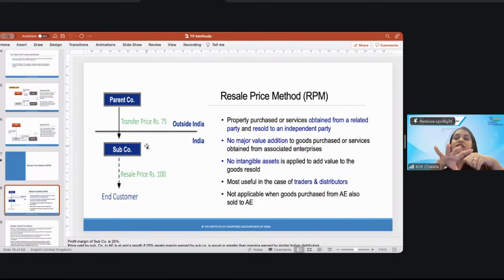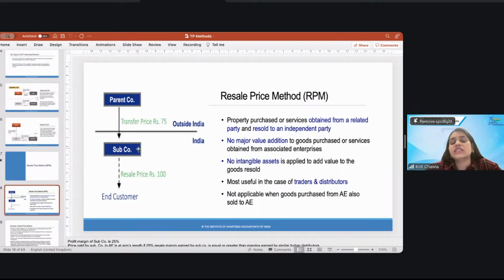Now in this particular situation, what is the controlled transaction? Well, the controlled transaction is the transaction between the parent company and the subsidiary company. You have to justify that that particular controlled transaction is at arm's length. How will you do that? Well, you have to justify that 75 rupees here is at arm's length.